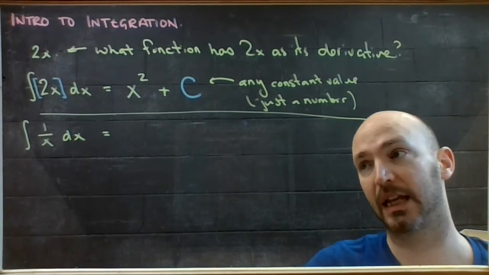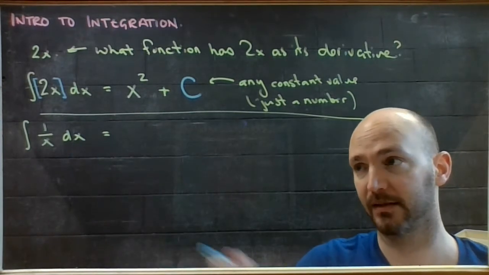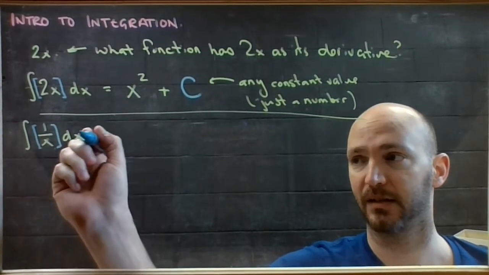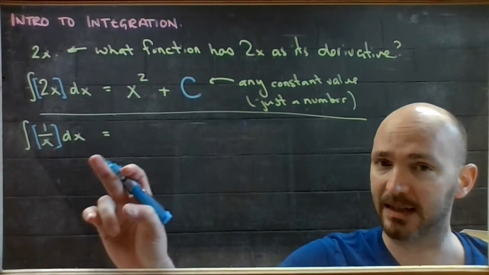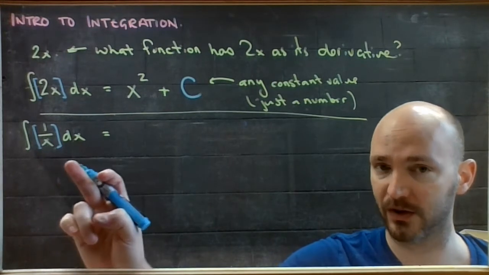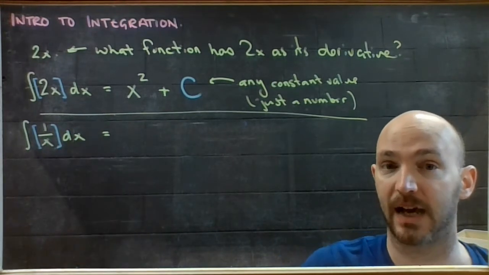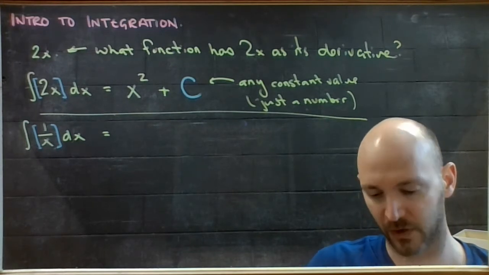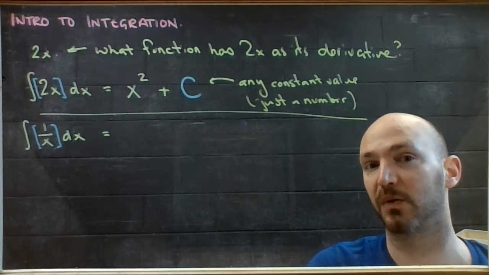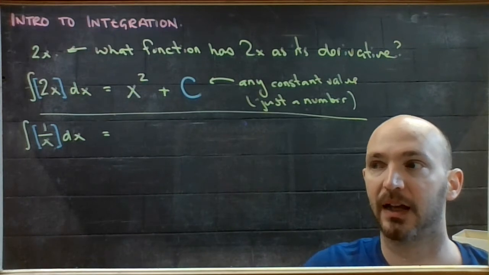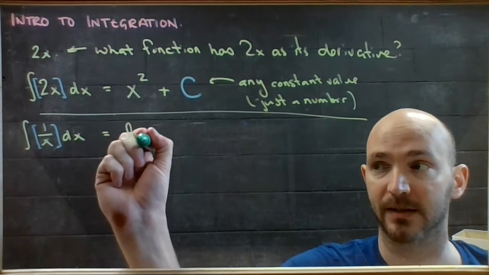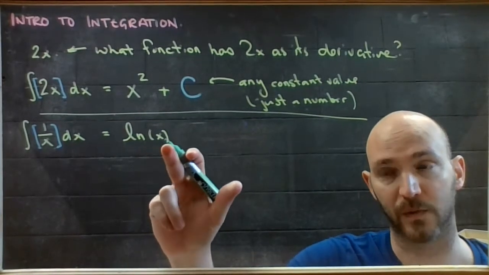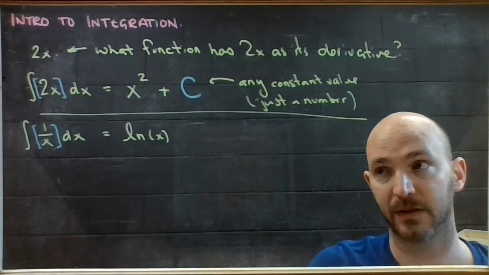So in English, this says summation of this thing multiplied by this little wedge. But what it's asking me to do is, what function has 1 over x as its derivative? So you go back through the catalog and you try and remember which function gives you 1 over x as its derivative, and the answer is ln x. So the derivative of ln is 1 over the argument, which is what I have here.